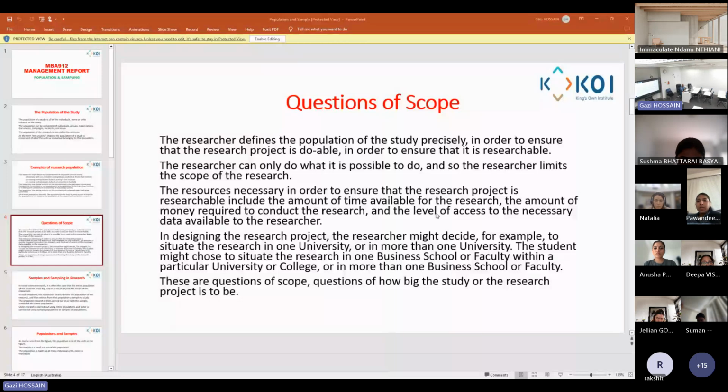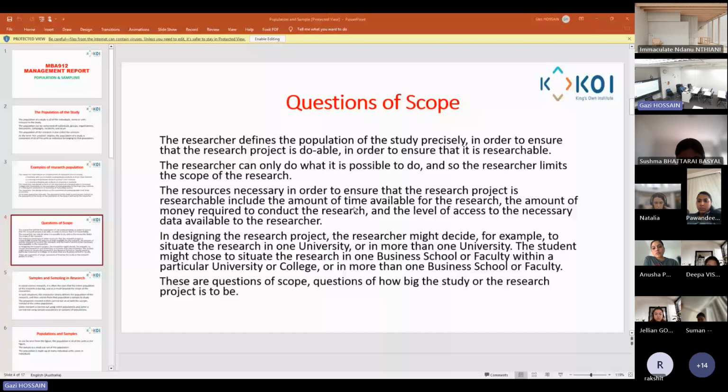There are about 45 universities in Australia, and all the universities' vice chancellors will be your population. In this case, probably you are going to collect data from, say, 20 universities' vice chancellors, because the population is small. But there can be an issue related to the gate pass or the access to those vice chancellors.